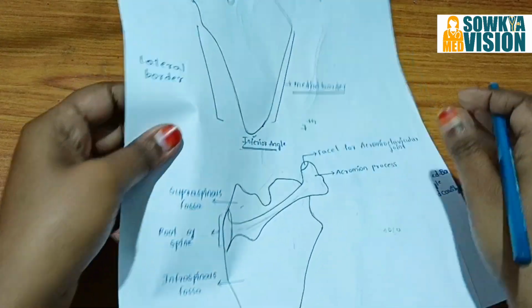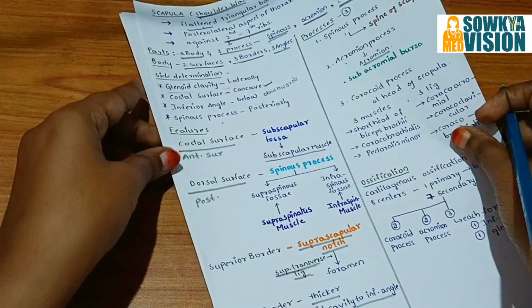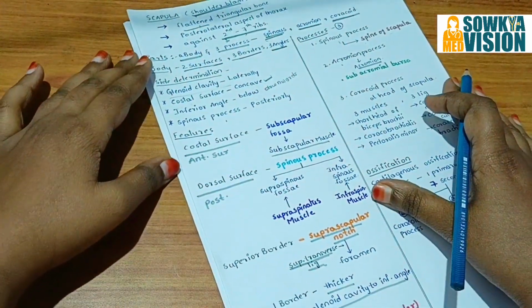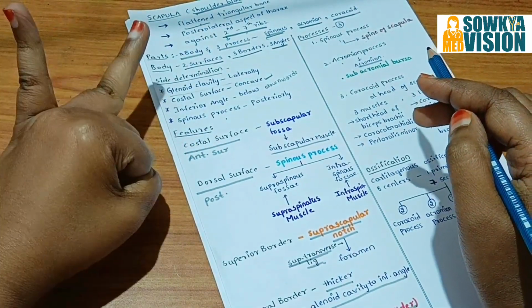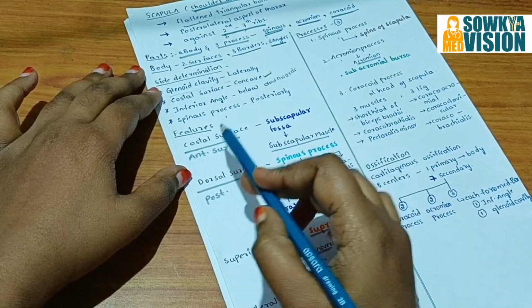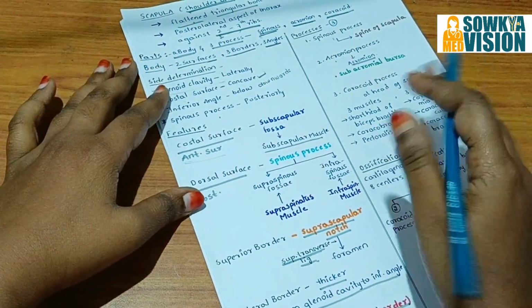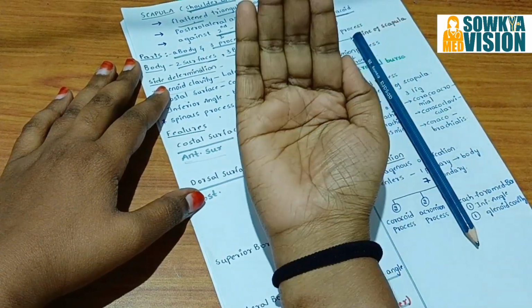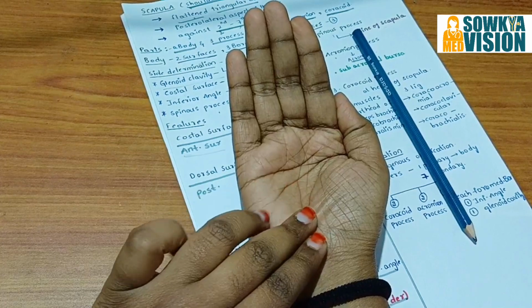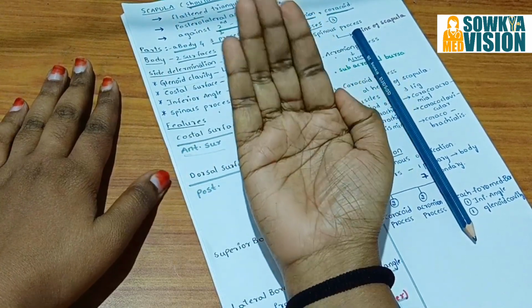Now, what are the features of the scapula? As we said, it has two surfaces, the costal surface and the dorsal surface. The costal surface, also known as the anterior surface, contains the subscapular fossa. This is the costal surface. It is not flat, it is concave.